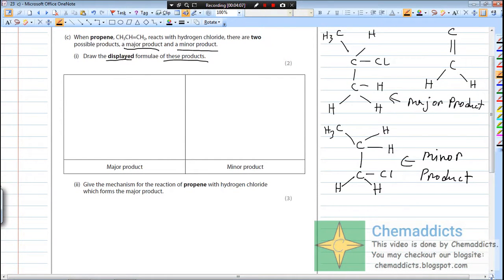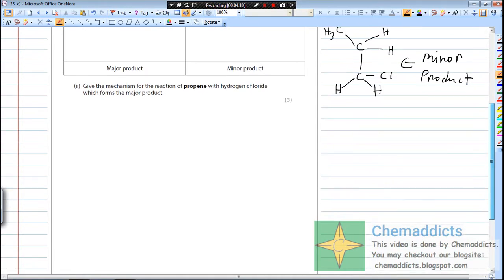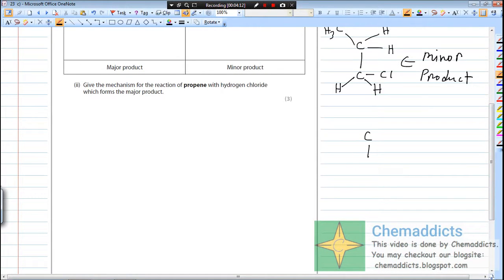So this particular molecule is formed from this carbocation. Okay, this is one carbocation. Here chloride, this is chloride, nucleophile.